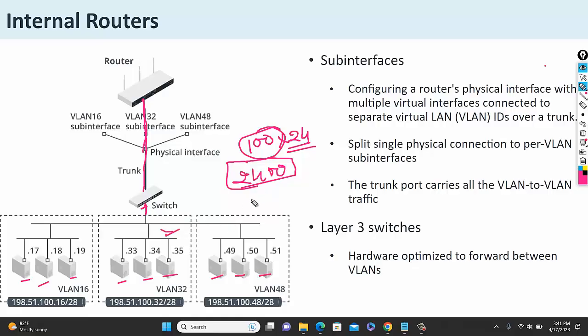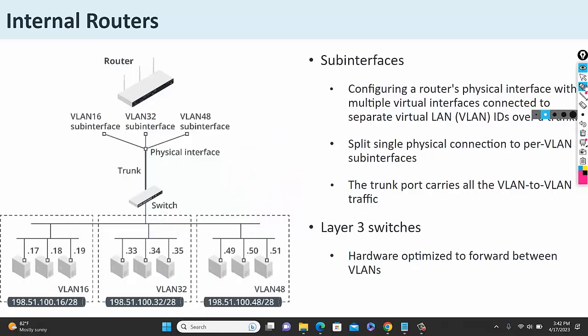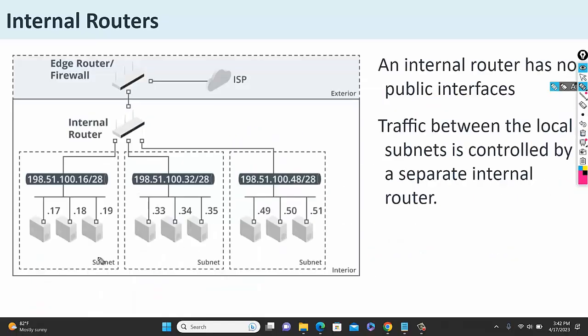So VLANs are used to create a virtual LAN. A virtual LAN is used to create a LAN which is virtually separated. Previously, in the image we saw, these are separate networks with separate subnets, and they are connected with 3 interfaces of the router.